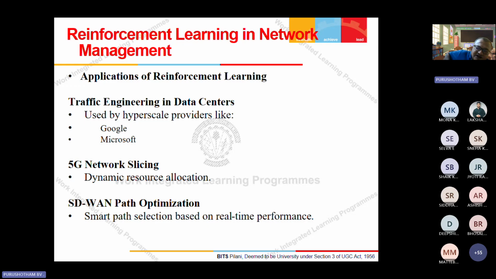Traffic engineering in data centers, which is used by hyperscalers like Microsoft, Google, and AWS. 5G network slicing, with dynamic resource allocation, which is very important. SD-WAN path optimization, so smart path selection based on real-time performance. That is also possible with the help of reinforcement learning in networking.